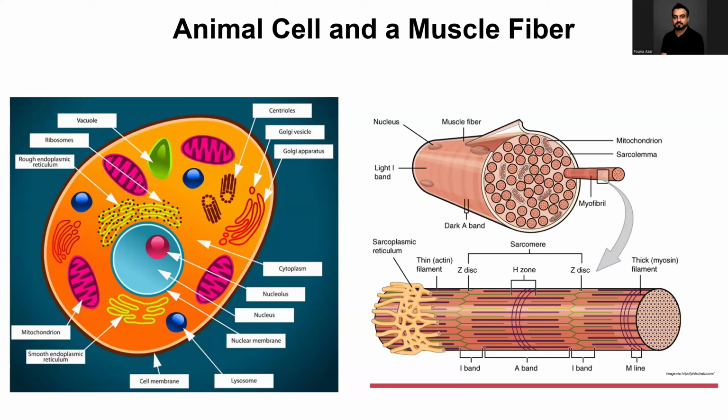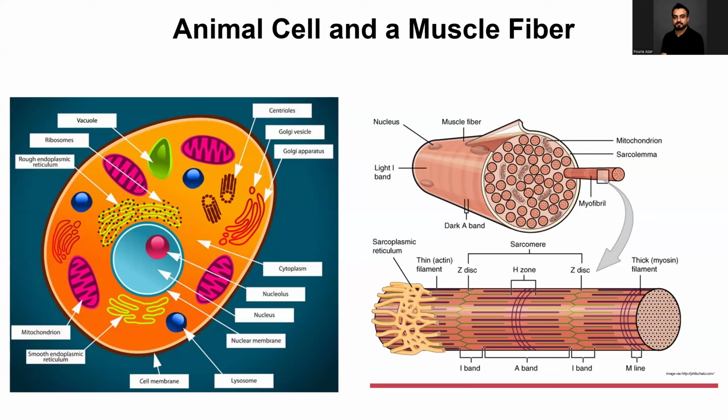We have mitochondria. But as you can see, in a regular cell, we have few mitochondria, but in a muscle fiber, we have plenty of them because muscles are an active organ and they require more energy. And the mitochondria is the powerhouse of cells.